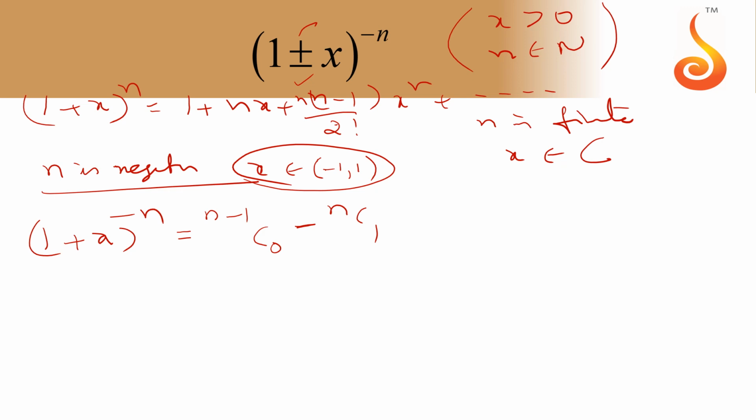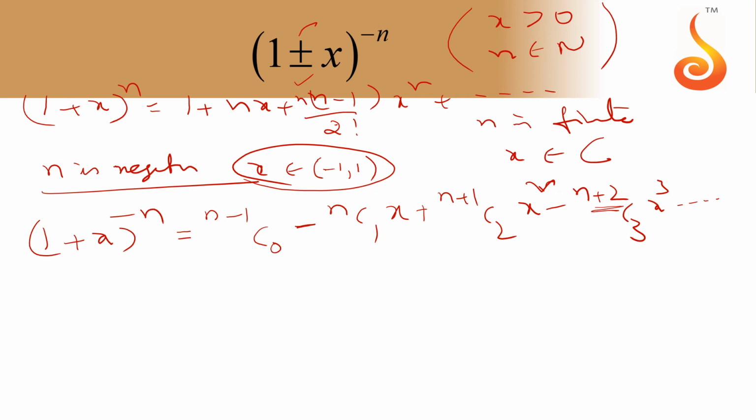So (n minus 1)C0, minus nC1 x, plus (n plus 1)C2 x square, minus (n plus 2)C3 x cube, and so on. If you observe carefully, for x power r, the suffix of C is r, but the top will be n plus r minus 1, and (minus 1) whole power r will be there.